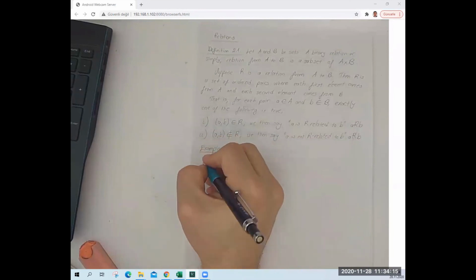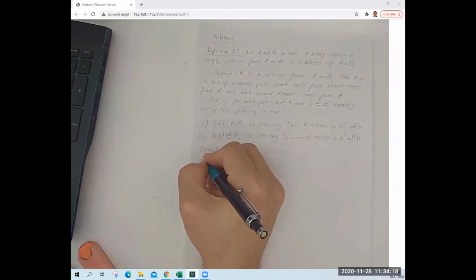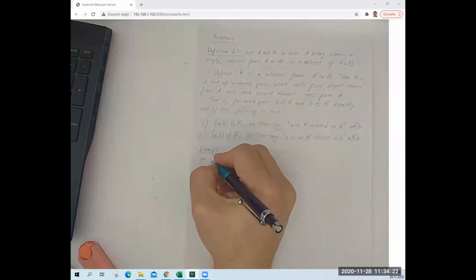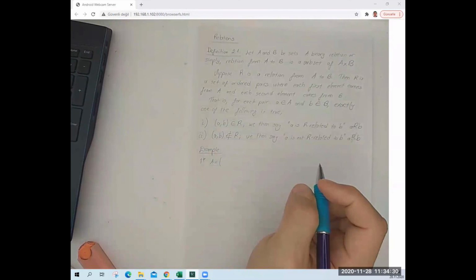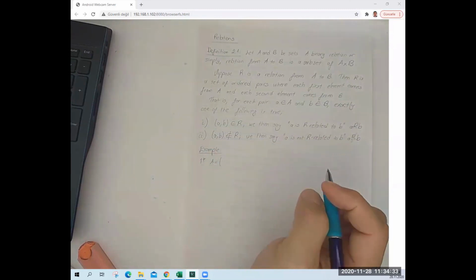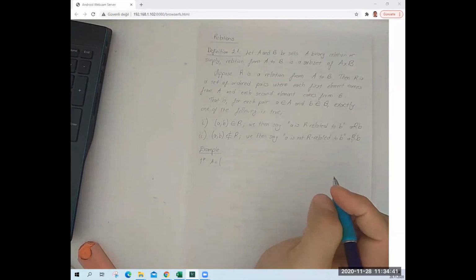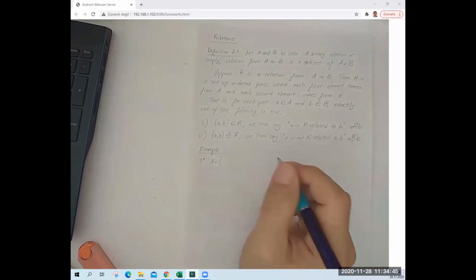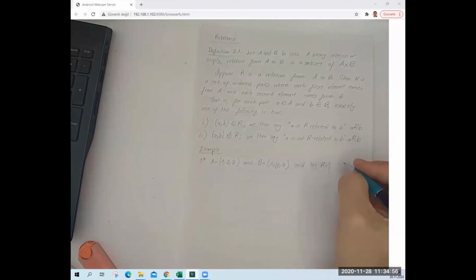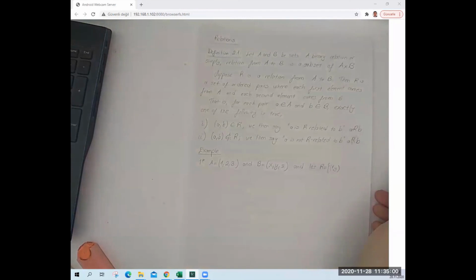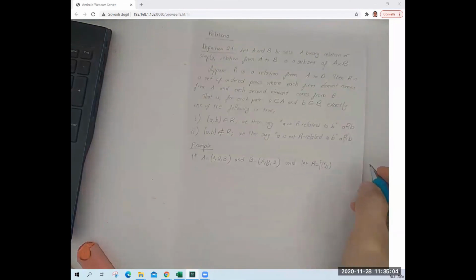As a first one, set A has the elements 1, 2, and 3, and there is a set B. Set B has the elements X, Y, and Z, and there is a relation from A to B, call it R. R has some pairs like 1 to Y, 1 to Z, and 3 to Y as the last pair.